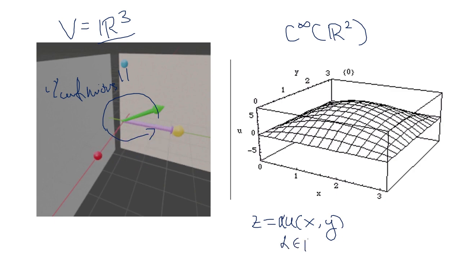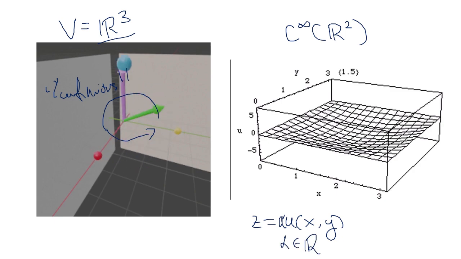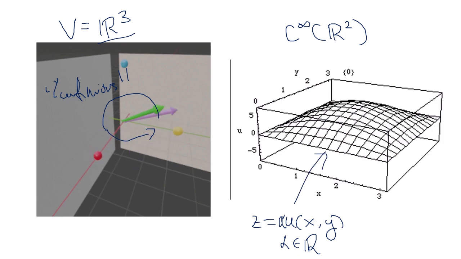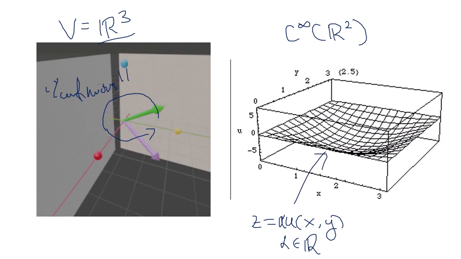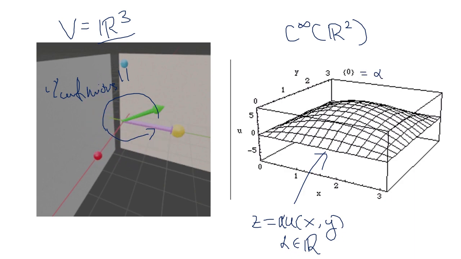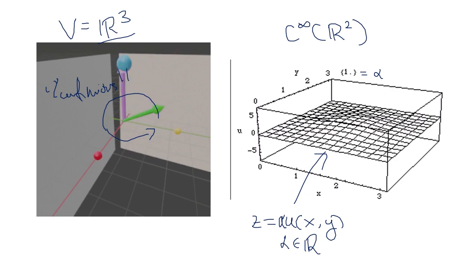Here alpha is a real number, so we're scaling this function u up and down, and it makes the graph do something like this. This crazy looking number would be your alpha.